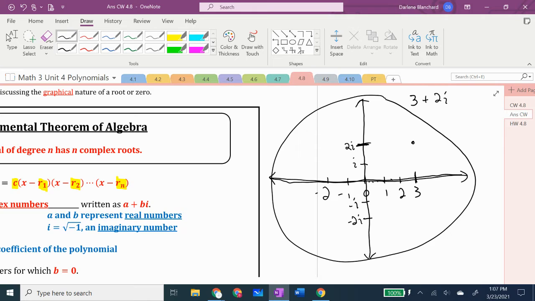And then from there, you can create a four-dimensional polynomial because the output answers are also two-dimensional. So it's going to be really hard for us to see 4 dimensions, so we don't go into the graphing nature of the imaginary number.